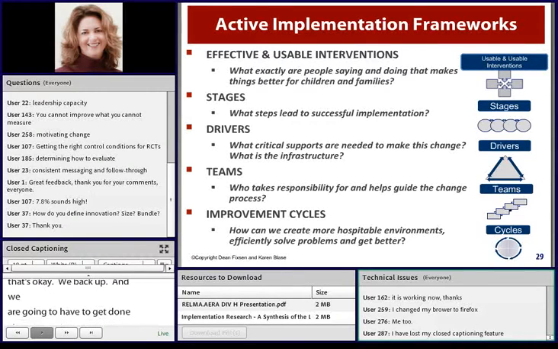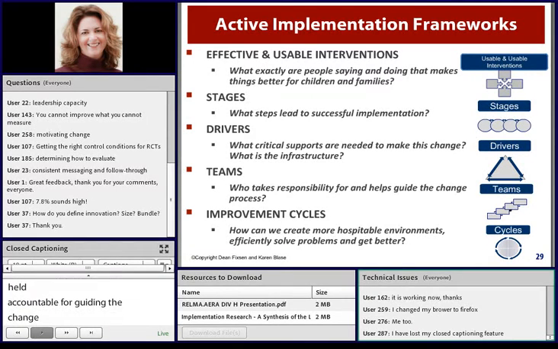Our third framework is the implementation drivers. Those are the critical supports or the key activities that are needed to make the change and form the infrastructure. This is one of the frameworks that we're going to go a little bit deeper on, so I'm going to come back to that in a minute. And our fourth one is implementation teams. Somebody has to be responsible for driving and held accountable for guiding the change process and ensuring it.